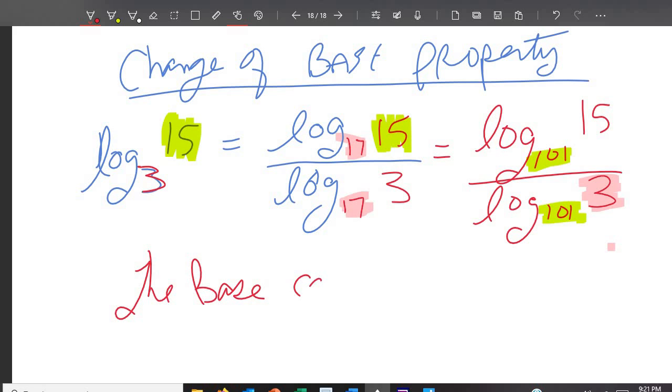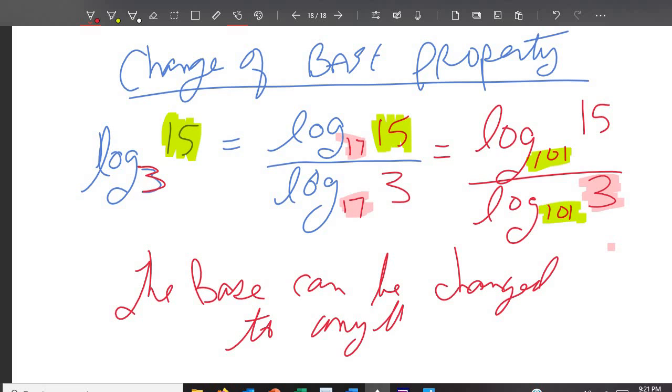The base can be changed. Now, if I can change the base to anything, that means I could use my calculator. Now, what we're going to do is we're going to use natural logs.